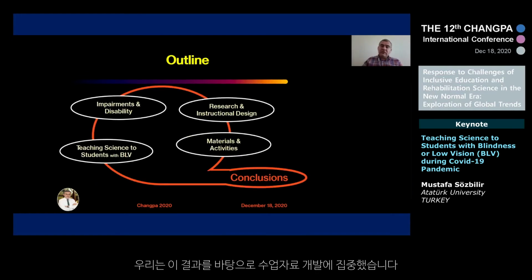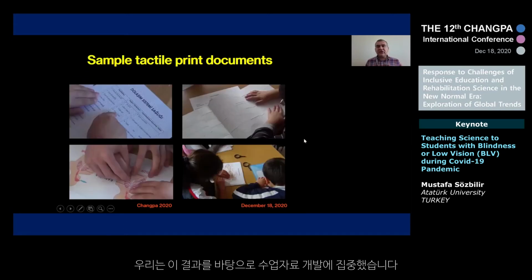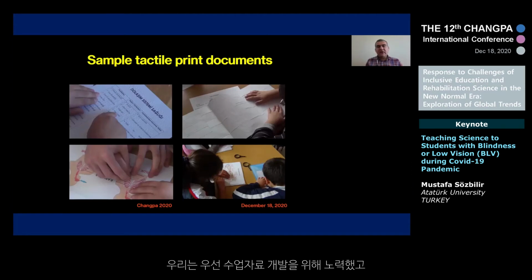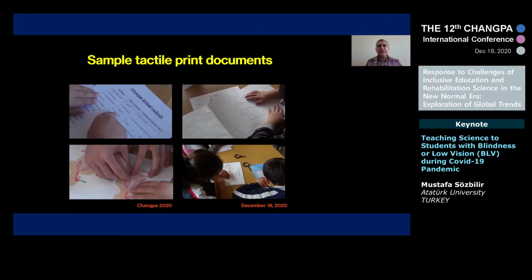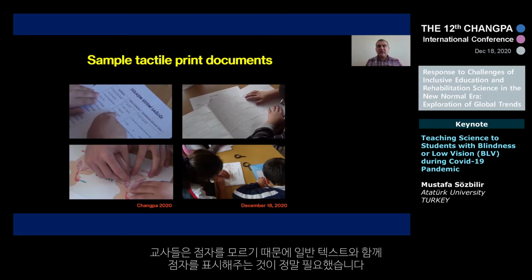So we took these results to focus on developing instructional materials. What we did, we tried to develop tactile materials first, and also we adapted these tactile materials in 2 ways to the needs of the students, because the teachers don't know Braille, so it was really necessary to print the materials with normal text as well as Braille printing.